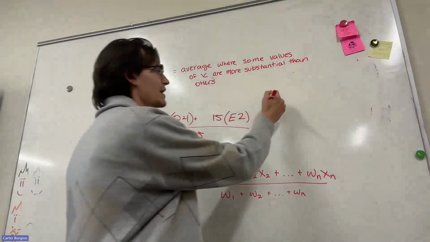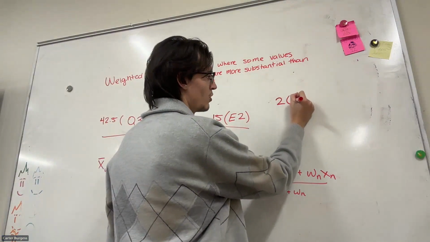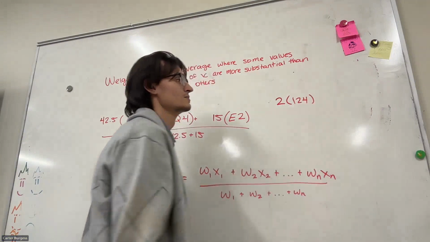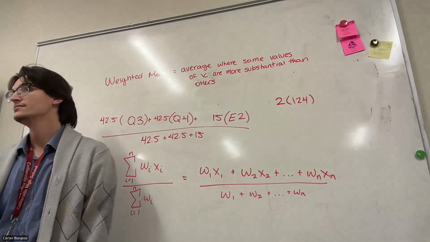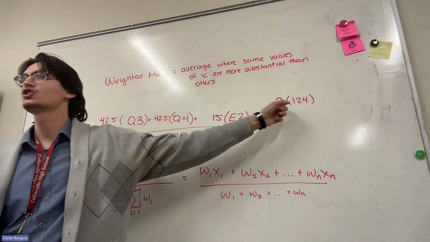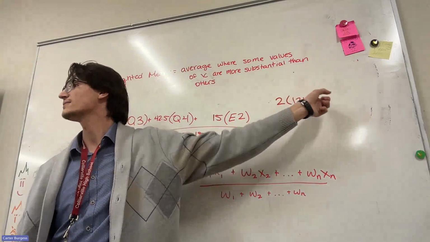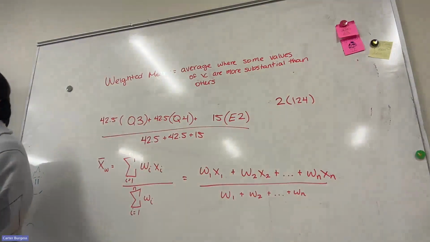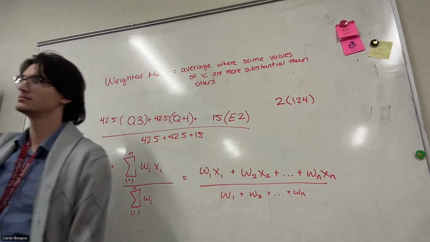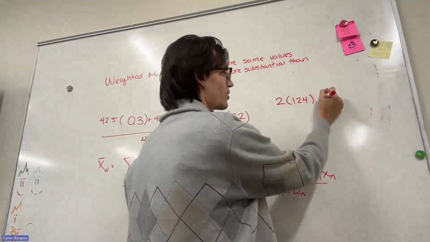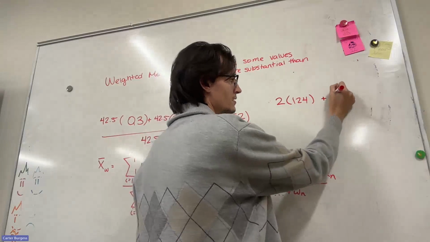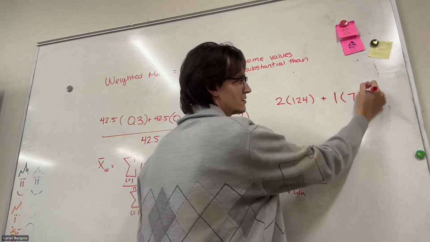Well, what if I attach the weight of 2 to 124? If I'm attaching the weight of 2 to 124, if it's twice as important, what weight would go to my 71? Twice as important. I need 71 to show up once.